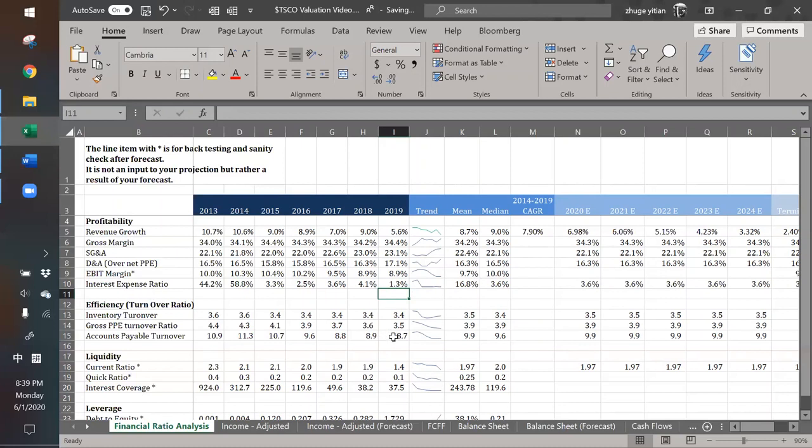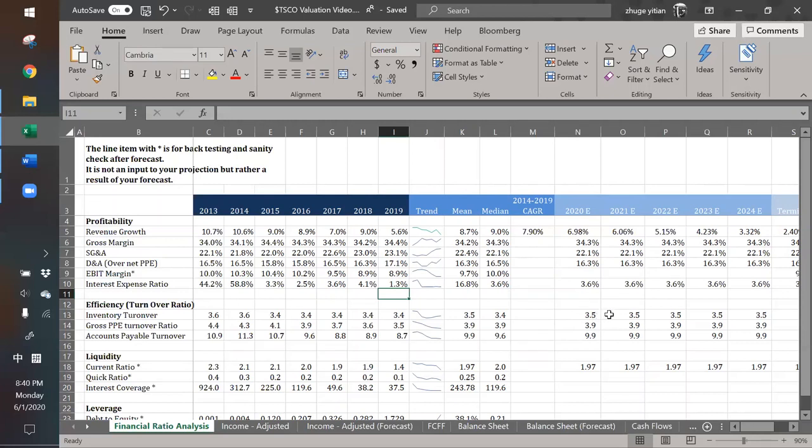Next, efficiency. You can see the inventory, gross PP&E, and accounts payable ratios are all very stable, so I just use the mean or the median for the forecasting period. This may not be the case for your company. That's when you should conduct more research and try to understand why there's an upward trend or a downward trend, and then make judgments about what the future turnover ratio would be.